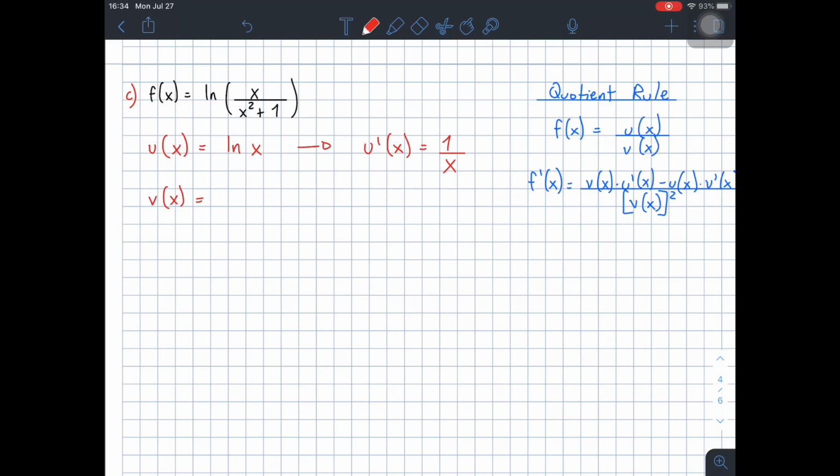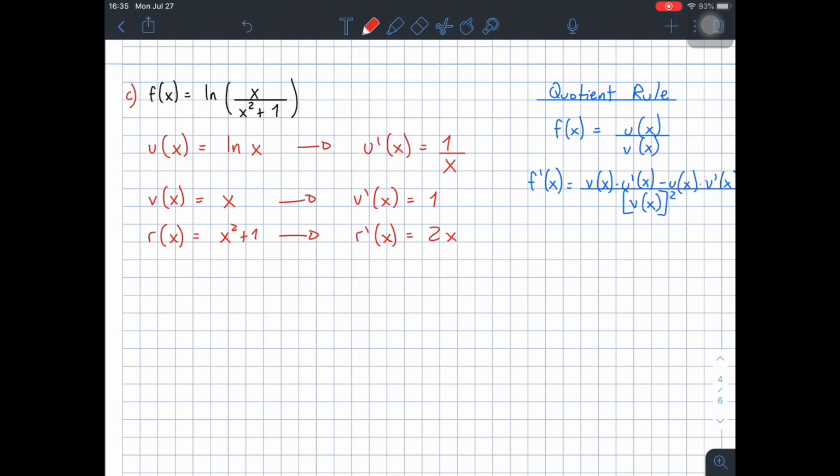I'm gonna define v of x as x already, just to apply chain rule directly. So v prime of x is equal to 1, right? And let's say r of x is x squared plus 1. So r prime of x would be, in this case, 2x.